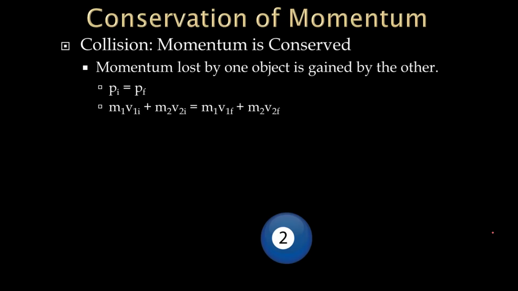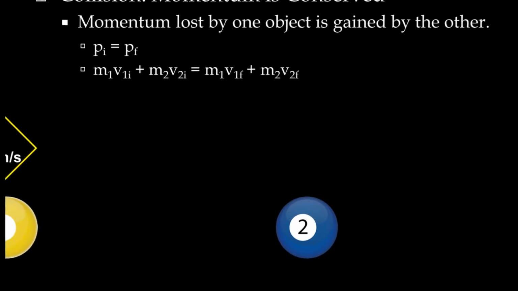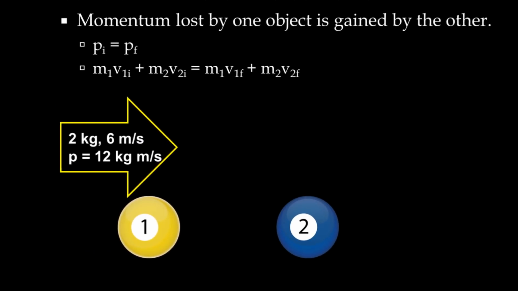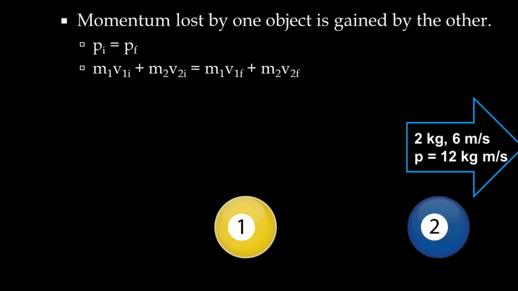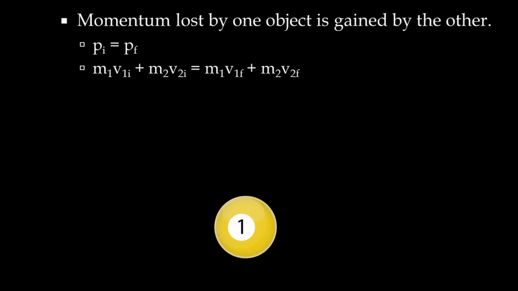Okay, so we have the 2 ball here, and we'll see that the 1 ball is sliding toward it on the right with a mass of 2 kilograms, velocity of 6 meters per second, so it has a momentum of 12 kilogram meters per second before, and it has 12 kilogram meters per second of momentum afterward. Notice that in the first situation, the 2 ball was standing still, so it had no momentum.